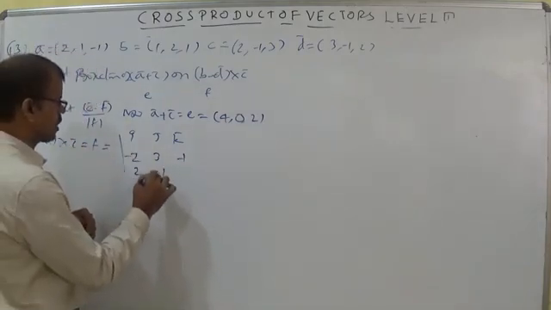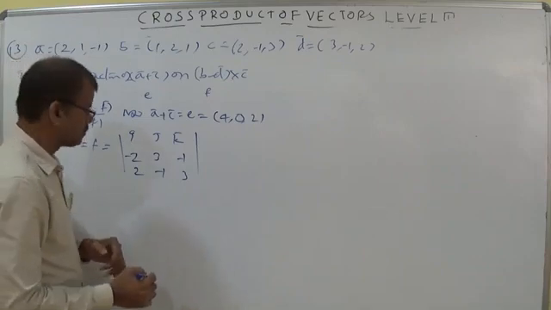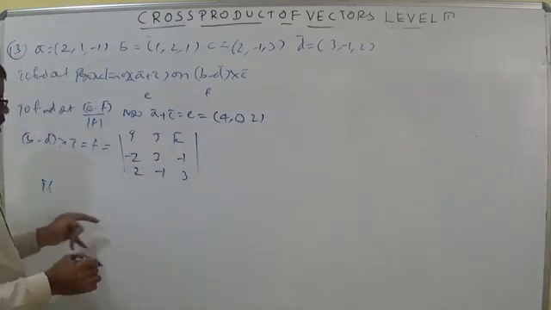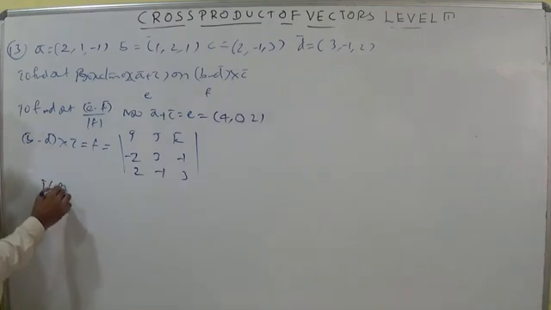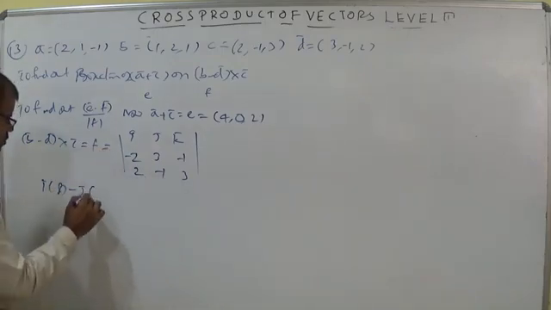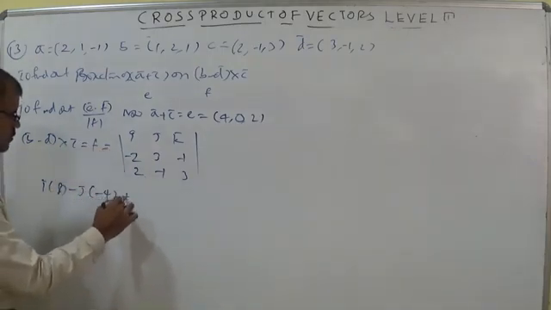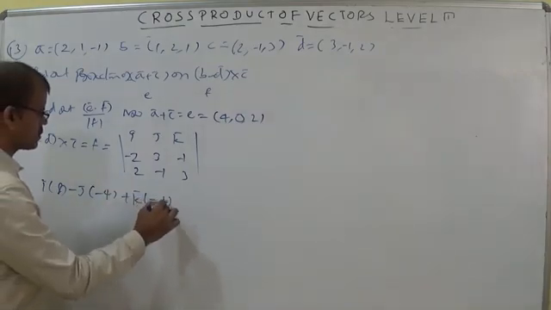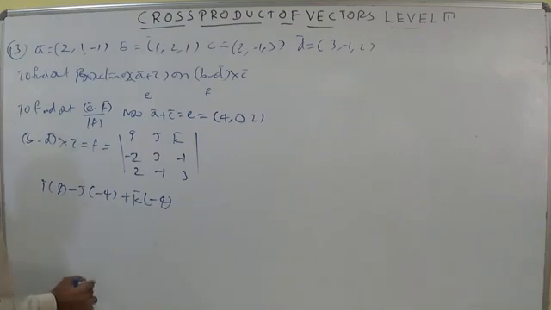Here you write 2 comma minus 1 comma 3. Taking cross product, i into 9 minus 1, this is 8. Minus j into minus 6 plus 2, minus 6 plus 2 becomes minus 4. Plus k into 2 minus 6, this is also minus 4. So now, this is F.